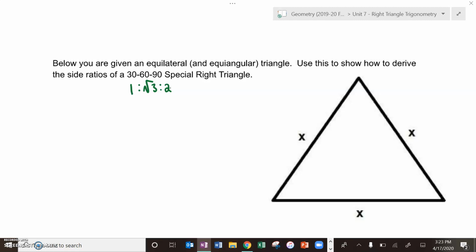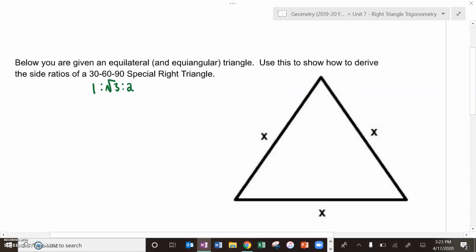So this triangle is equal to 180, and since it is equiangular, the angles are all 60 degrees. But when I draw a line down the middle, it's called the altitude.